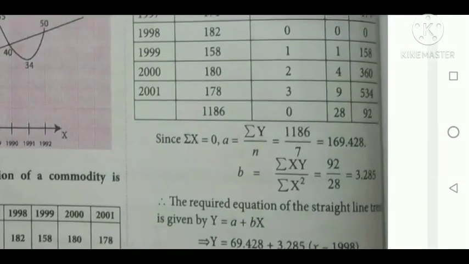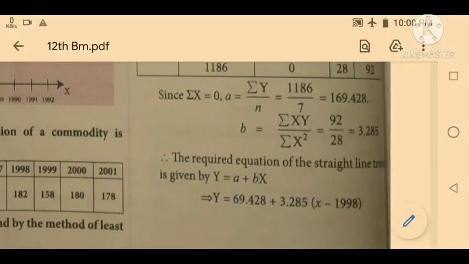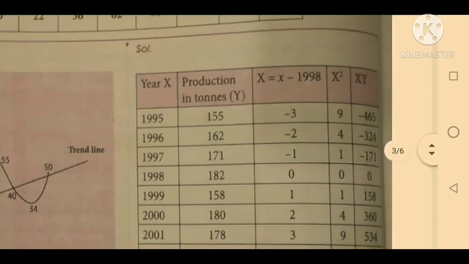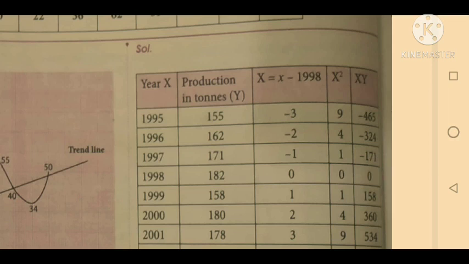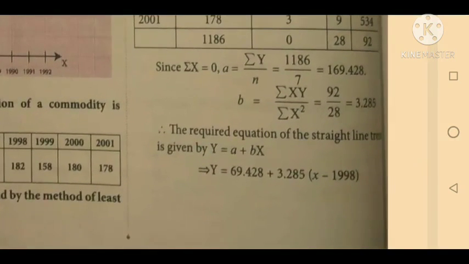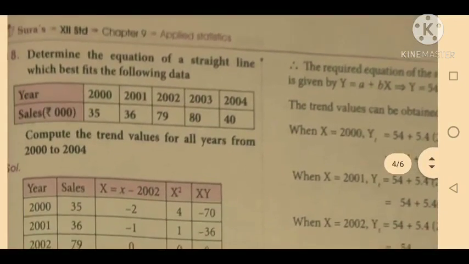So write it as 169.428 plus the value of b equal to 3.285, and capital X is x minus 1998. Okay, then the equation is y equal to 169.428 plus 3.285 into (x minus 1998). After that we find the trend value.